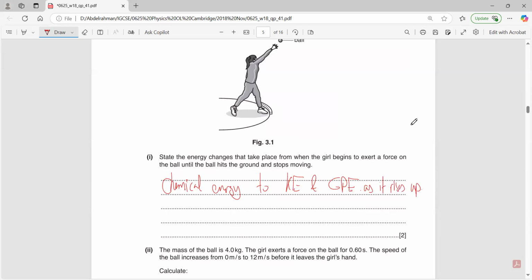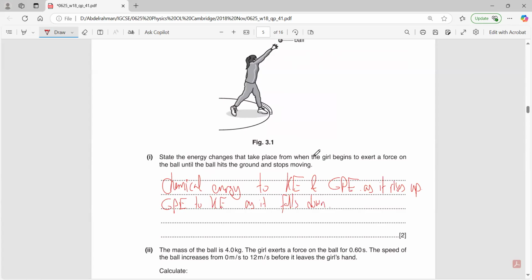Then gravitational potential energy to kinetic energy as it falls down. And when it hits the ground, what happens?